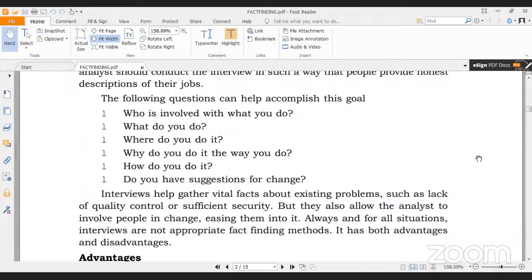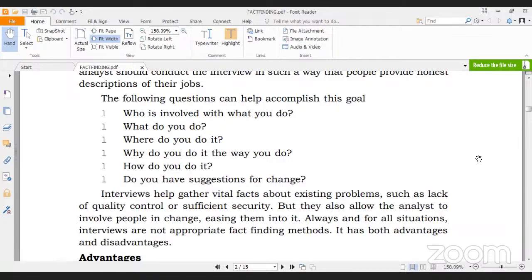So interviews help gather vital facts about the existing problem, such as a lack of quality control or sufficient security. At the same time, the analyst will involve the people in the change process. When the system is changed, the stakeholders will be asked to get involved so that they will understand and will not hesitate to use it later. Interviews are not an appropriate fact-finding method always and for all situations, because an interview is for the time being.